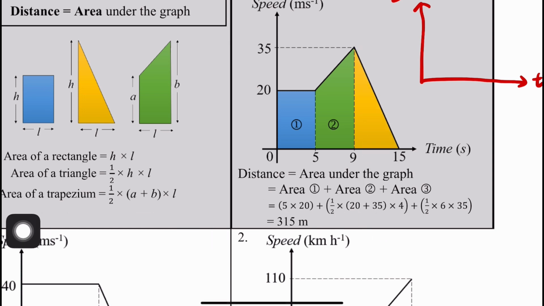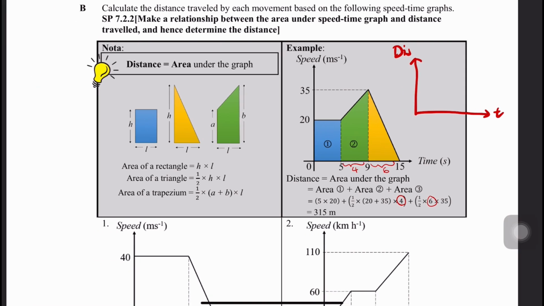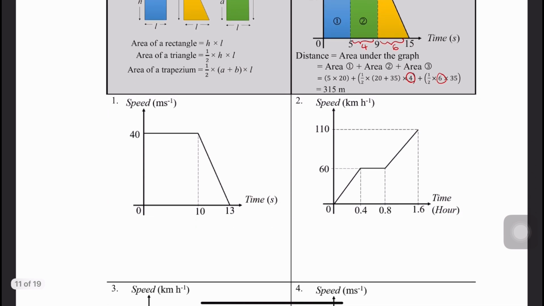Where does this 4 come from? From 5 until 9 is 4 units. Next, the triangle: 1 over 2 times height 35 times 6. Where does this 6 come from? 15 minus 9, we get 6. That's all.